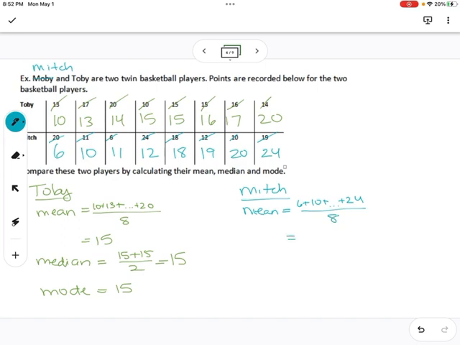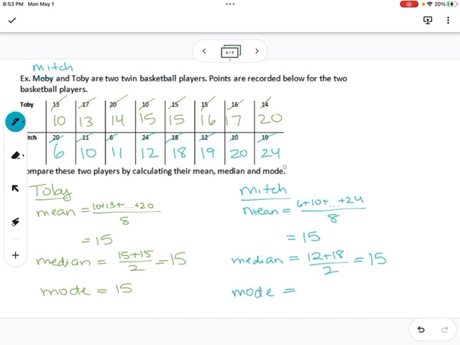That's giving us an answer of 15. Looking at the median, there are 8 numbers. Positions 4 and 5 is 12 and 18. So 12 plus 18 divided by 2 gives us a median of 15.